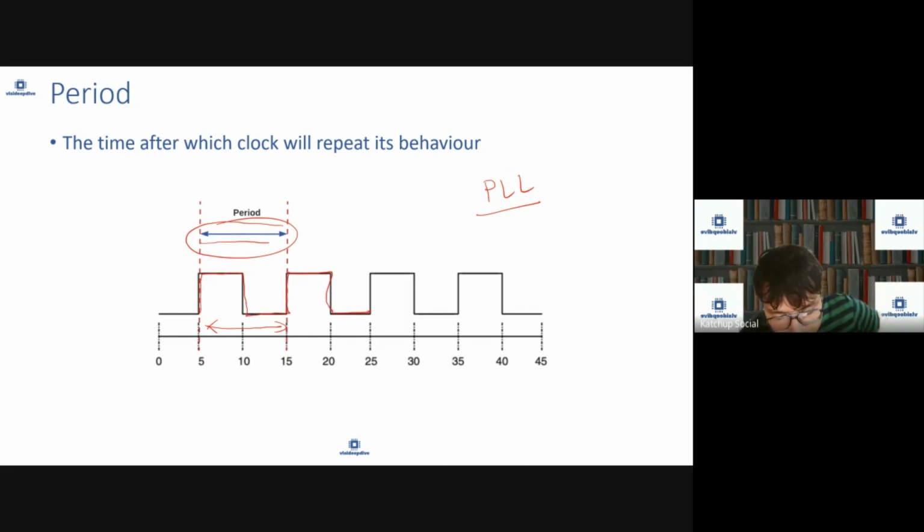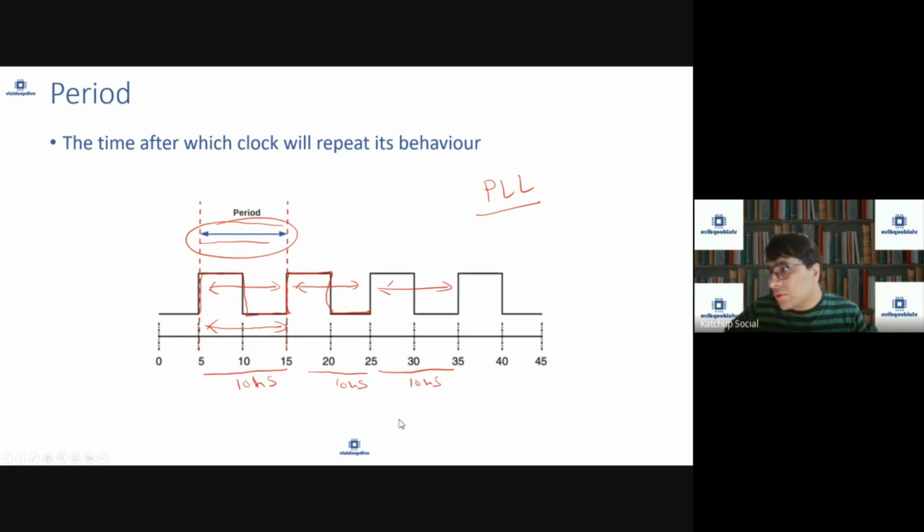So it keeps repeating this behavior after a certain amount of time. Here it's repeating after 10 units. Let's say this is nanosecond. After 10 nanoseconds, the same behavior is repeated, and that is what is known as the period of the clock.